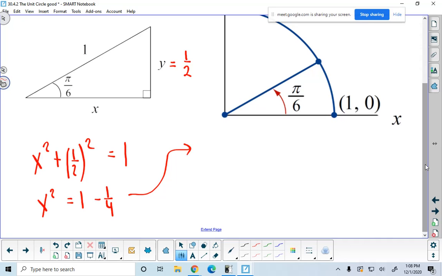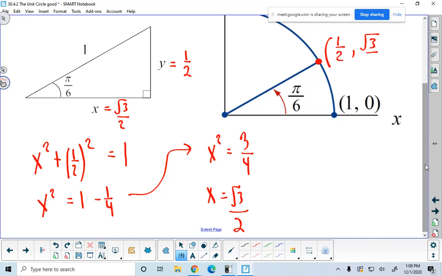Which means x squared is 1 minus a quarter. And if I give you a pizza, but I've eaten a quarter of it, then you have 3/4 of a pizza. Which means x equals the square root of 3 over the square root of 4, which is 2. And we're in quadrant 1 here on this diagram, so x is root 3 over 2. It's positive. The coordinates of this point are 1/2 comma root 3 over 2.